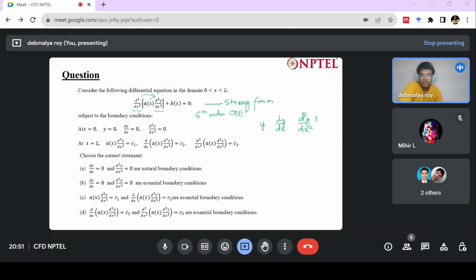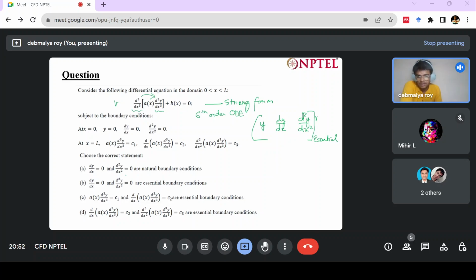We will only be reducing the order of derivative for y, till the variational variable, let's suppose v, reaches the same order of derivative as y, and that will happen at the third order derivative. So the weak form will have a third order derivative. Till then, these conditions will be essential boundary conditions, and the rest, the higher order terms, will be natural boundary conditions.